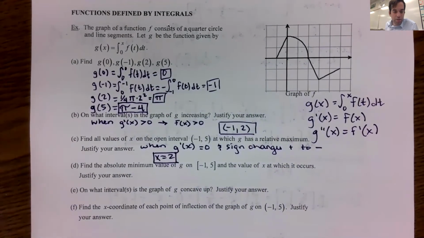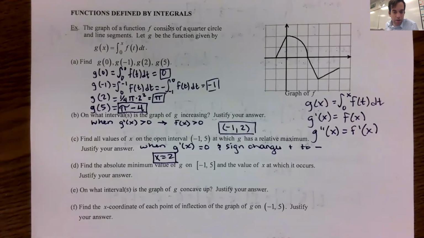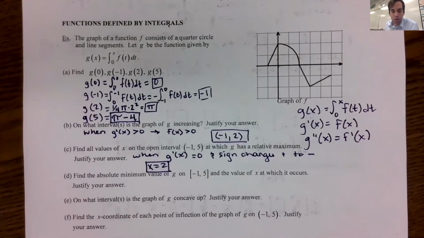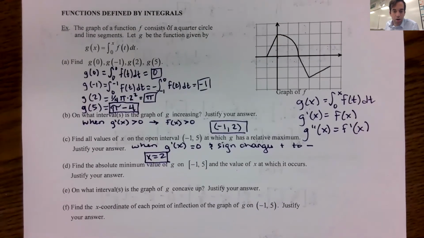For letter D, we're going to find the absolute minimum value on the interval -1 to 5 on the graph of g and the value at which it occurs. We already found several values on the graph of g, but let's think about our critical numbers.